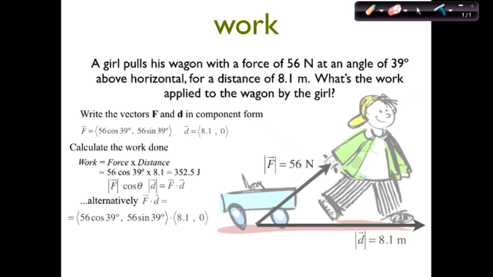What happens when you do that? You get the same answer, right? Because they're both the dot product. Multiplying like components and adding is the same as the product of the magnitudes times the cosine of the angle between. They're both the dot product.